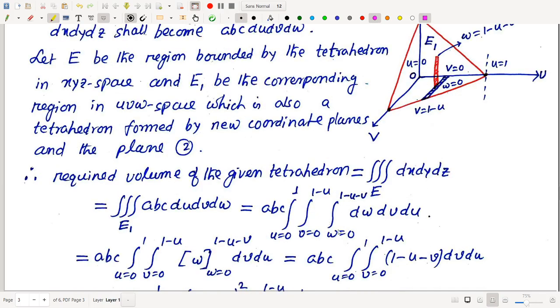That is the limits for w, and then this strip moves parallel to the v axis from v equal to 0 to v equal to 1 minus u. When w is 0, we get u plus v equal to 1, so v equal to 1 minus u. So limits for v are 0 to 1 minus u, and finally limits for u are 0 to 1.